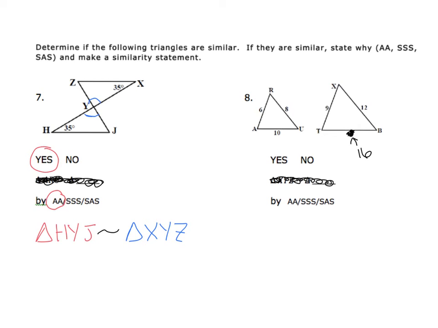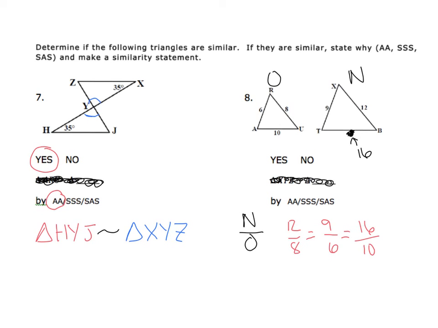Notice I'm not given any angles, so 2 of the 3 options aren't going to work. So now we're really resulting down to this being side, side, side. Now, in order for it to be similar, we have to check proportionality. So this is the old, this is the new. When we set up our ratio here, it's new over old. So we would have 12 over 8, 9 over 6, and 16 over 10.